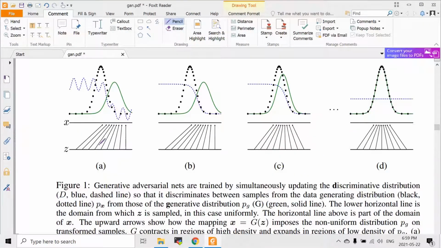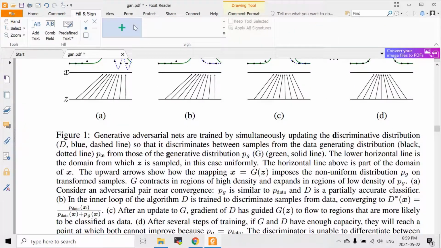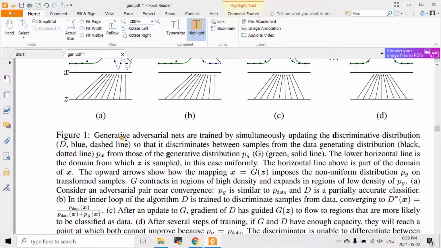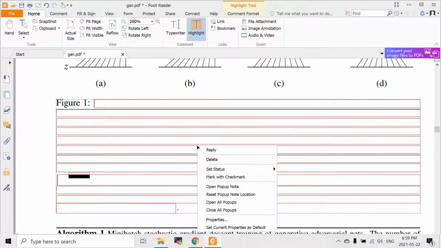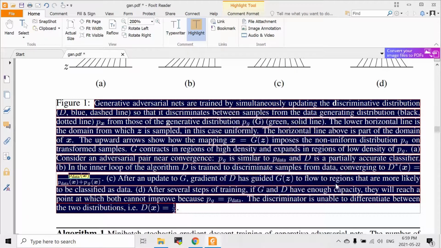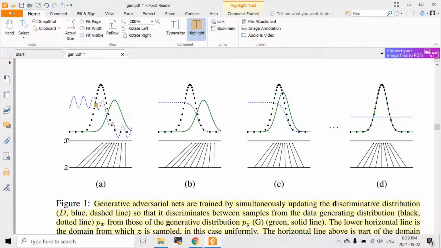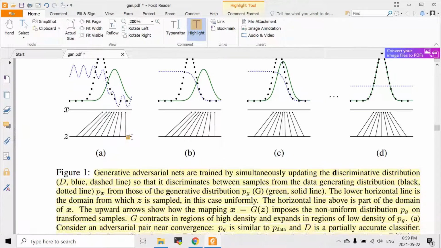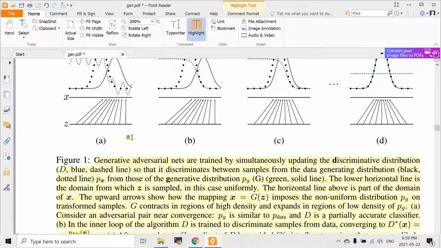What is this? This is the noise. The generative adversarial nets are trained by simultaneously updating the discriminative distribution D. D is the distribution of the discriminator, so that it discriminates between samples from the data generating distribution, the black dots, and the generative distribution PG.